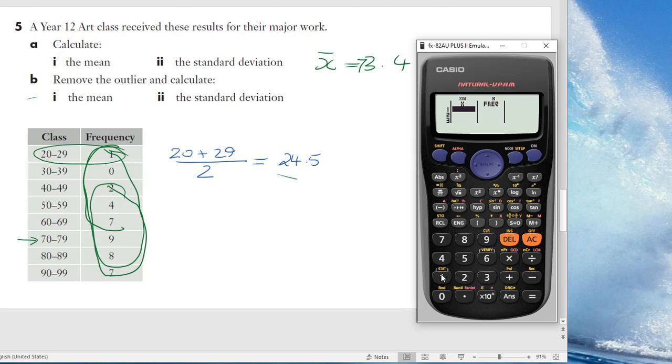Okay, so instead of starting at the 24.5, this time, because there's nothing in between, I'm going to skip over the 30 because there's 0 there, and we're going to start at the 44.5. Across to the frequencies. We're starting at 2.